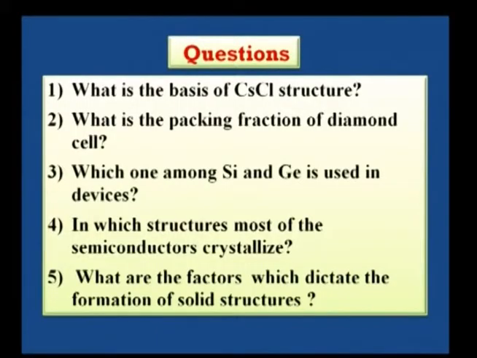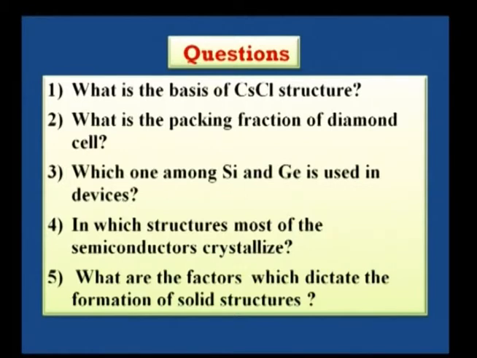Now, let us pass on to the question session. What is the basis of the cesium chloride structure? What is the packing fraction for a diamond structure? Which one among silicon and germanium is used in devices? In which structure do most of the semiconductors crystallize?